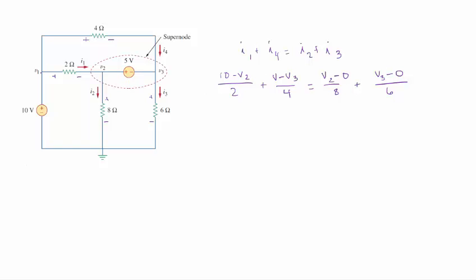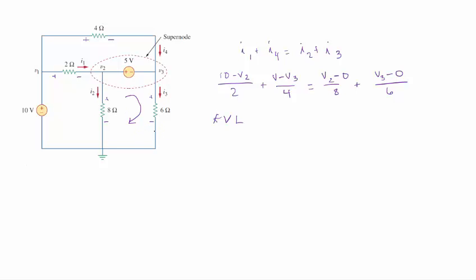and I have a node here and a supernode here. So I need an additional constraint. My additional constraint comes by applying KVL. So if I apply KVL, let's say around this loop right here, I'm just picking a direction to go around the loop and write KVL.